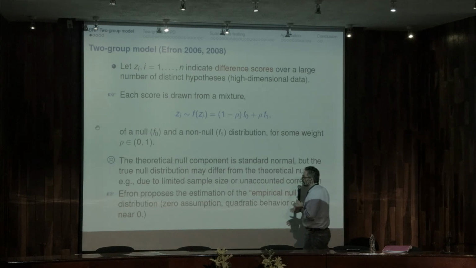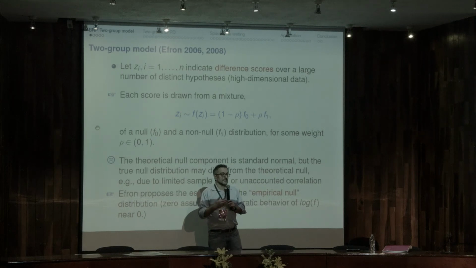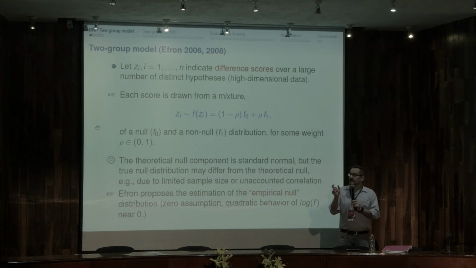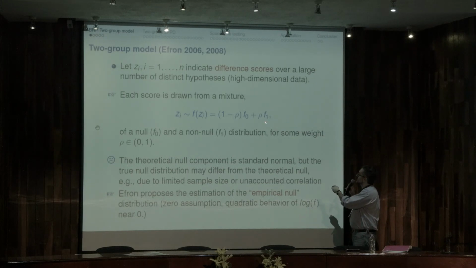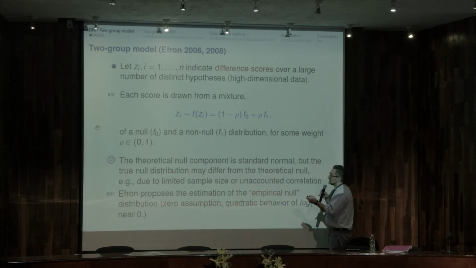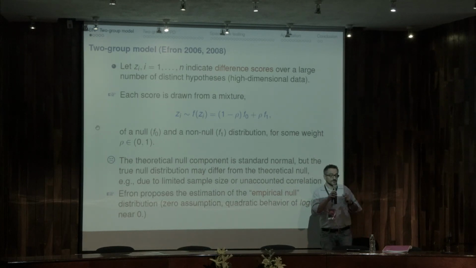And the second big assumption that he makes is what he calls the zero assumption. That's basically the idea that the alternative should not put so much mass around zero. So the main mass around zero should come from the null distribution.